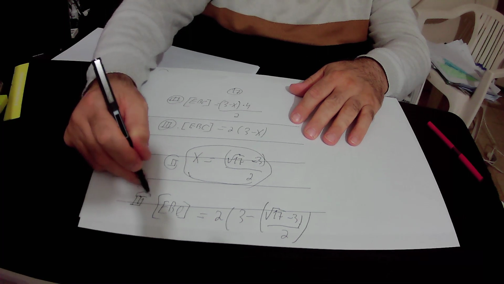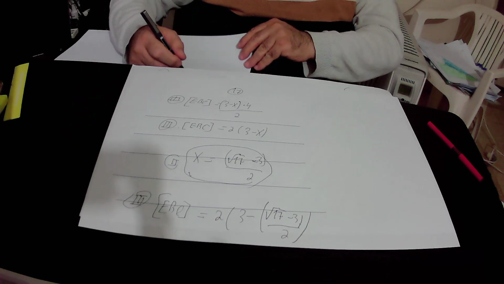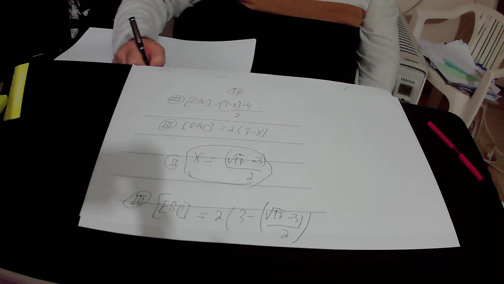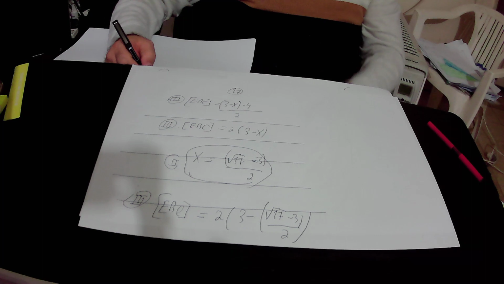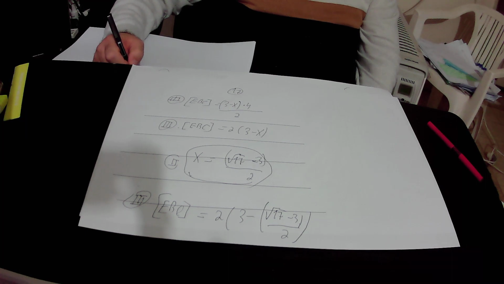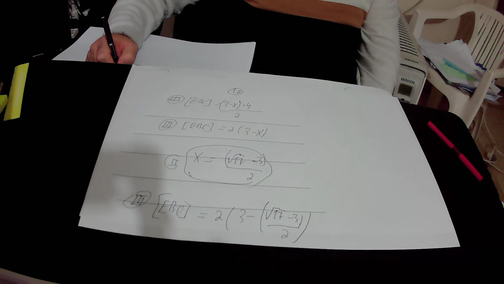According to equation number 3, the area of the green right triangle, triangle EBC, equals 2 times 3 times 2 is 6 over 2 minus square root of 17 minus 3.